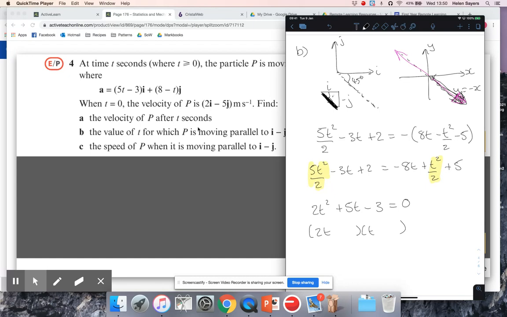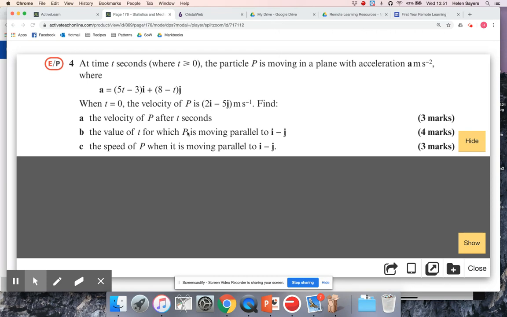So if I go 4, a 3 and a 1, and I make that plus 6t minus 1t, so t is a half, or t is minus 3, except t is time, so it can't be minus 3. And if I go back to the question, they just wanted a value for t.